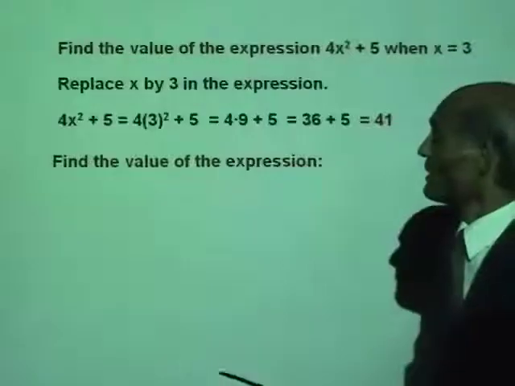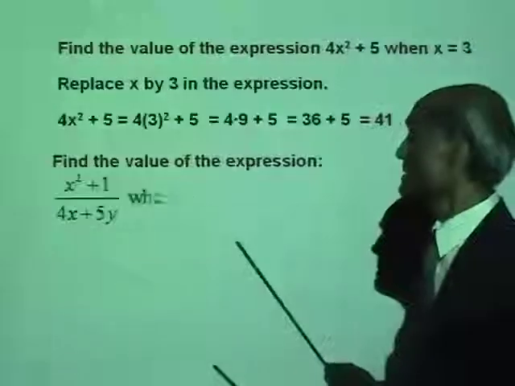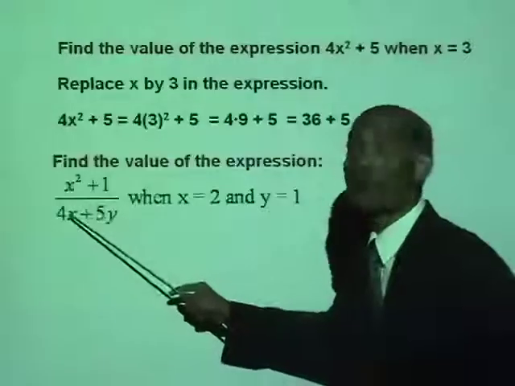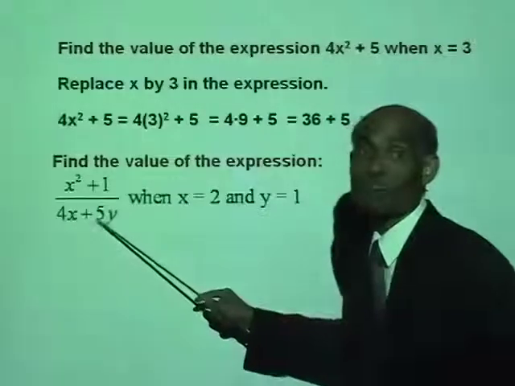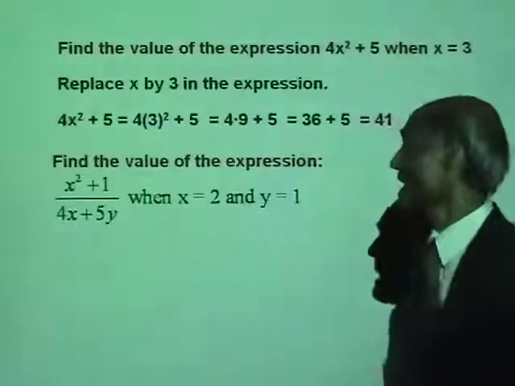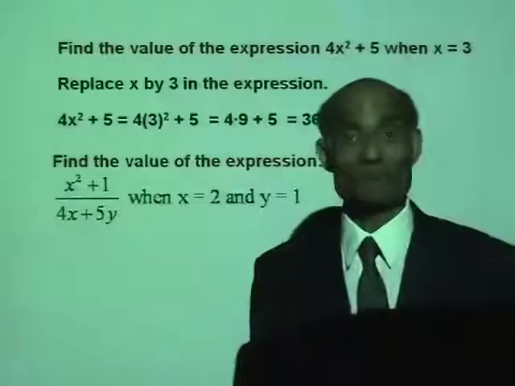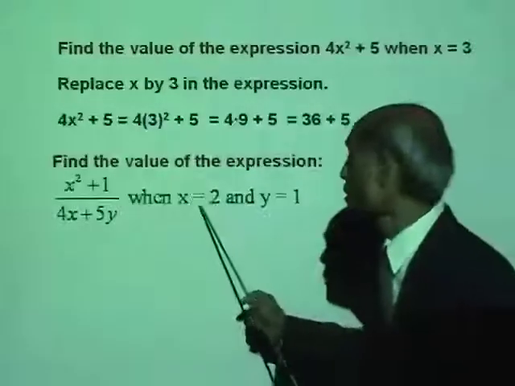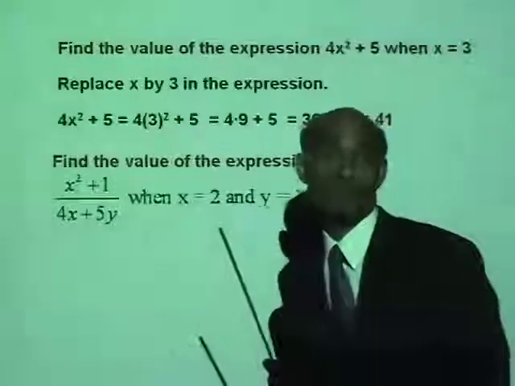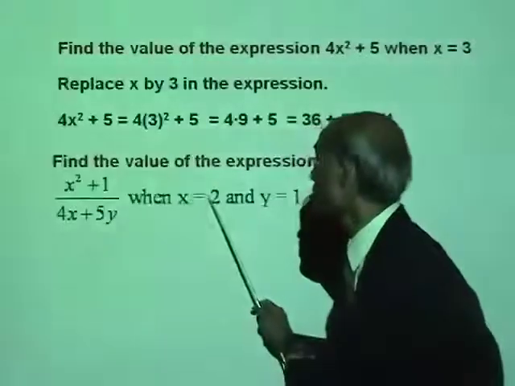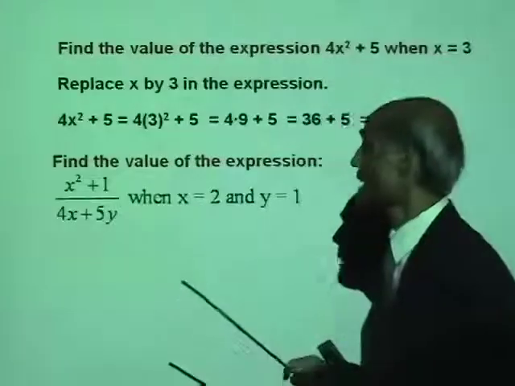Another one. Find the value of the expression x squared plus 1 over 4x plus 5y when x equals 2 and y equals 1. We have two variables there, and the values of each variable is given to us. Replace x by 2 and y by 1.